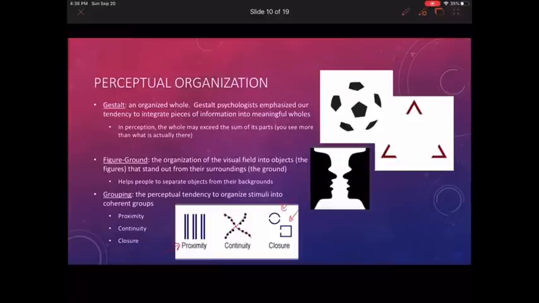So in proximity, we group things together based on how close they are to one another. In continuity, we group individual pieces together if they look like they could form some type of shape if put together. And then in closure, you're just filling in some kind of a gap in a picture. So both of these examples with the soccer ball and the triangle are examples of your using of closure.